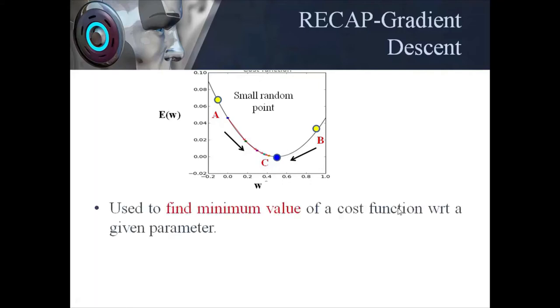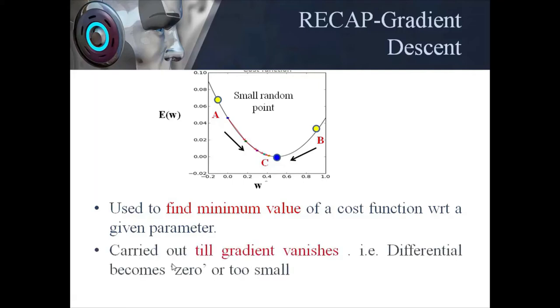So gradient descent is used to compute the minimum value of a cost function with respect to a given parameter, and it is carried out till the gradient vanishes, that is till the slope is reduced to 0, and at this point, which is point C in the figure, the differential becomes 0 or too small. So this is how the gradient descent works.